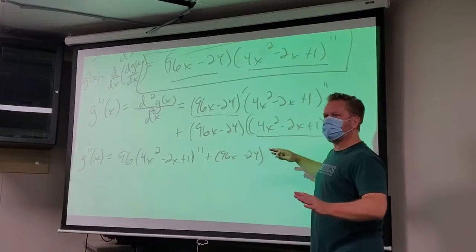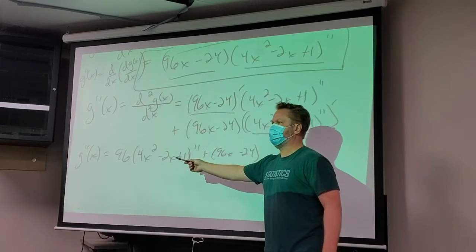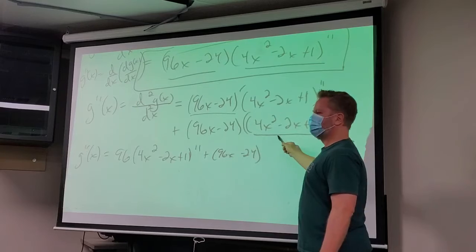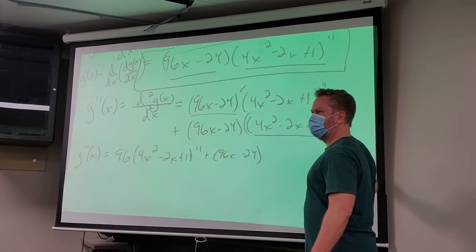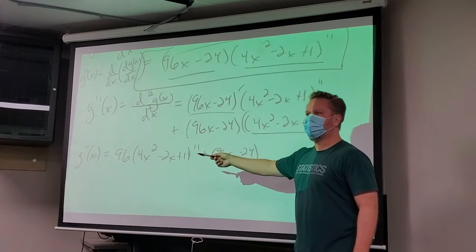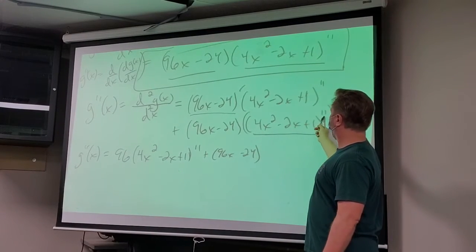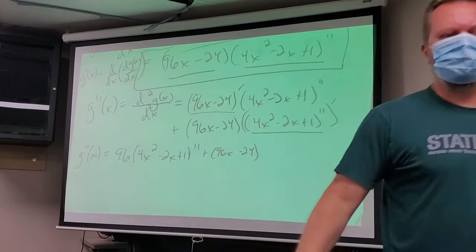So what I desperately want you to understand is, do I currently care about anything else I wrote? No, my problem right now is this. It's by itself. Whatever the answer is going to go here. But I don't care about this other stuff right now. I know this is a function inside of another function. I've got to do that. How does that rule work?